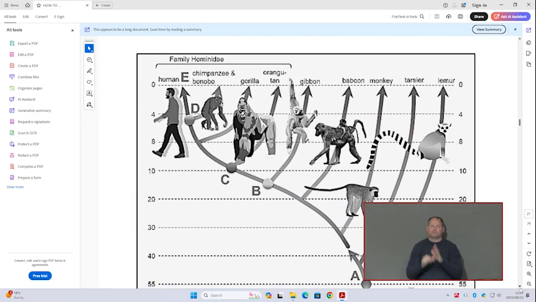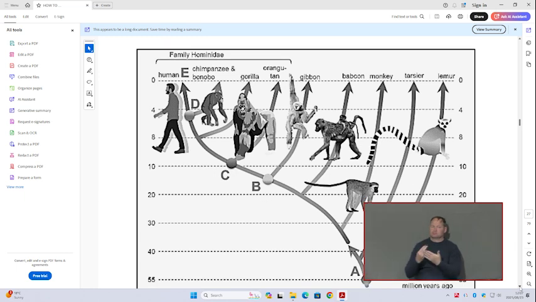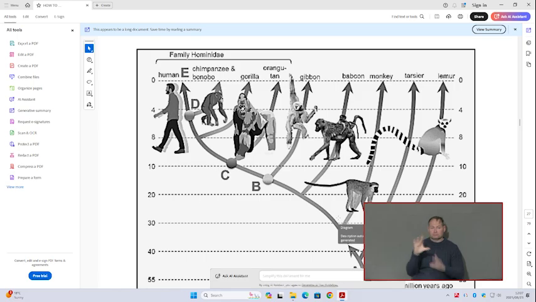You will also be asked about a diagram like this, which is called a phylogenetic tree. When you face such a question on the question paper, you have to be able to interpret it and answer those questions.